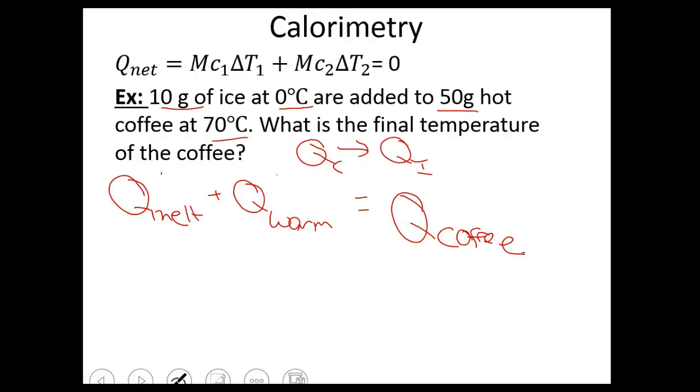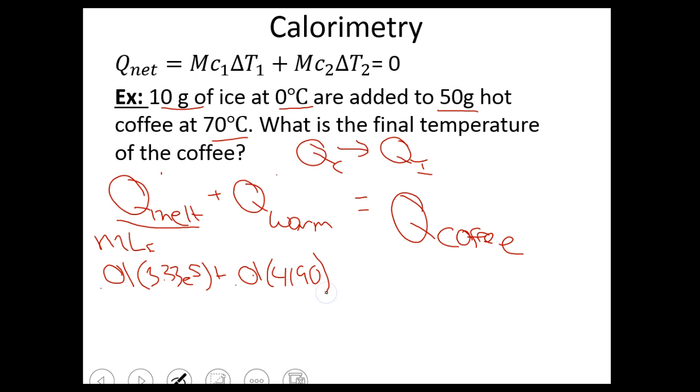All right, so for the ice to melt, and this is a phase change, I will use m times L_f, the heat of fusion for melting, and I've got 10 grams of ice, heat of fusion for water, plus, and then it'll still be 10 grams, but it'll be water at this point, specific heat of water, right?